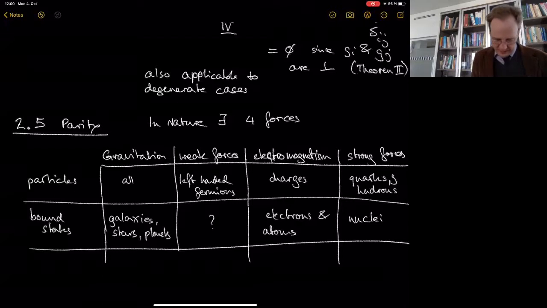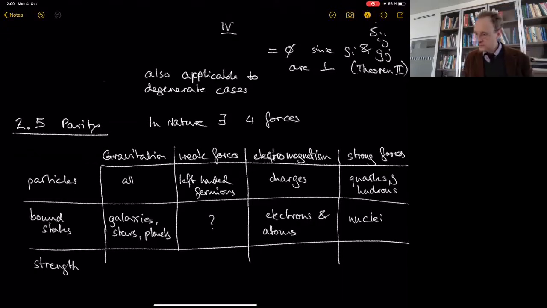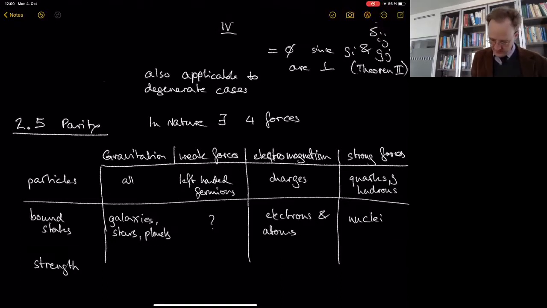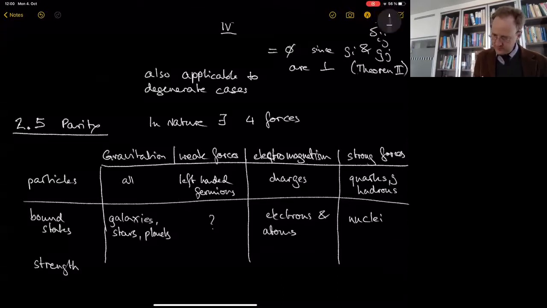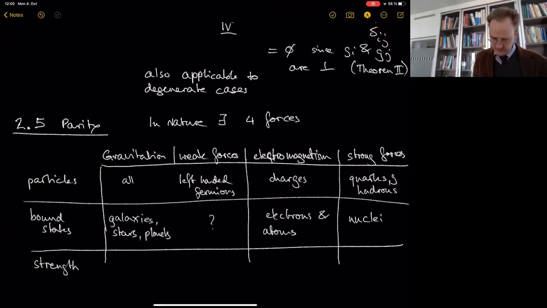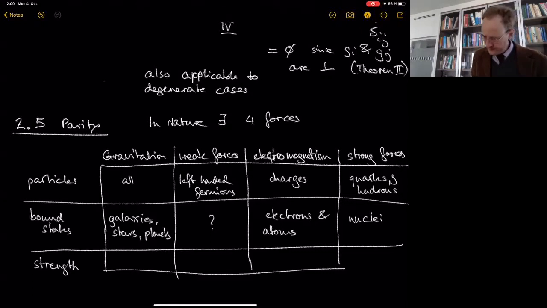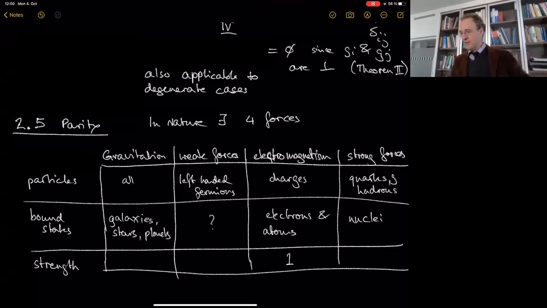And now in relative strengths, we set the nuclei and the electrons, this we set to 1, suppose the ionization potential of hydrogen or something like this.